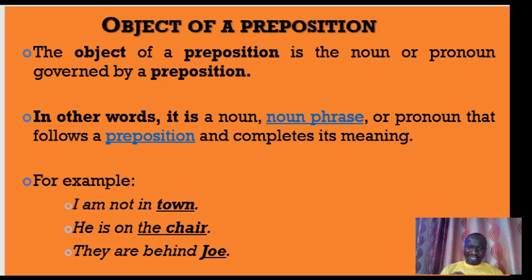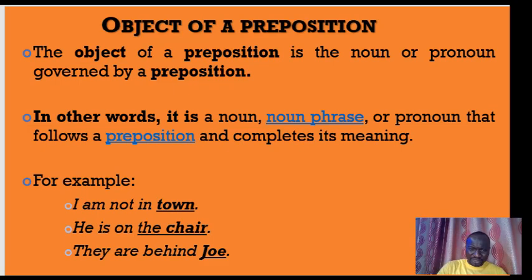Here, in is the preposition, and the object is the town. In introduces town for us to know actually where the person can be found.